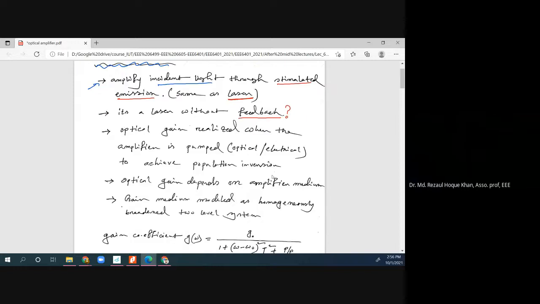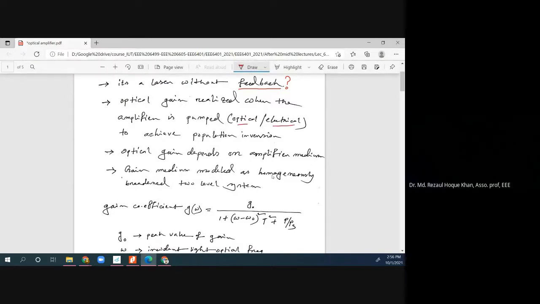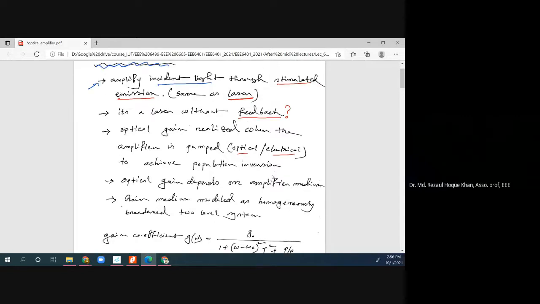Okay. So the optical gain is realized when the amplifier is pumped either optically or electrically to achieve population inversion. Now, the question is, if it works like a laser, this must happen. Population inversion must happen. Probably you already remember because we discussed our laser topics. N2 must be greater than N1.